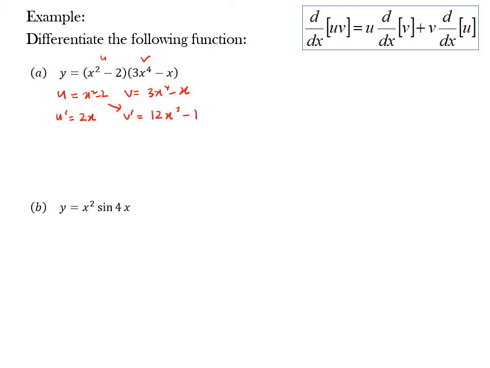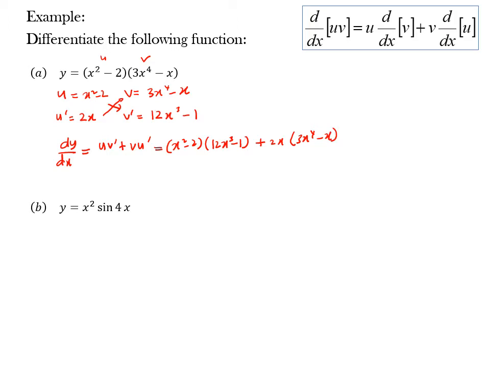So now you will substitute in the formula. Your dy/dx is equal to uv prime plus vu prime. So the answer is (x squared minus 2)(12x^3 minus 1) plus 2x(3x^4 minus x).